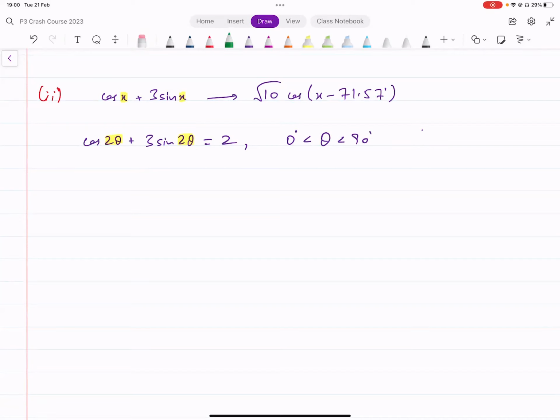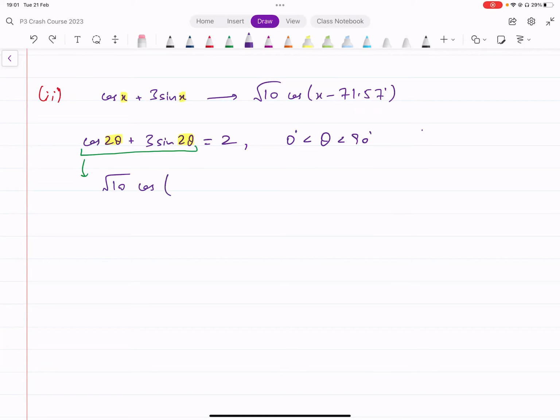So the first thing you do is convert this left-hand side to a form like this. How do you do that? You can replace this with square root of 10, that's what we have here, into cos of x minus 71.57.